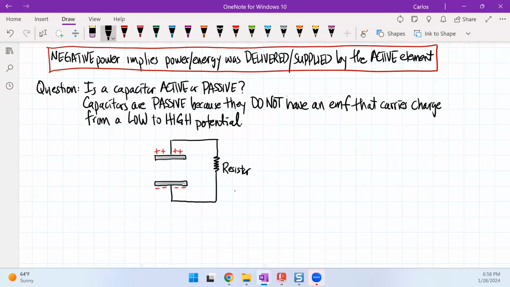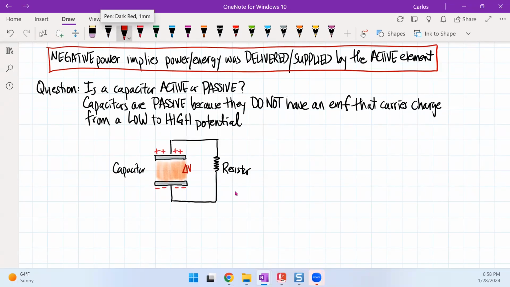There's a potential field between these capacitor plates, so there's some voltage between the two plates.